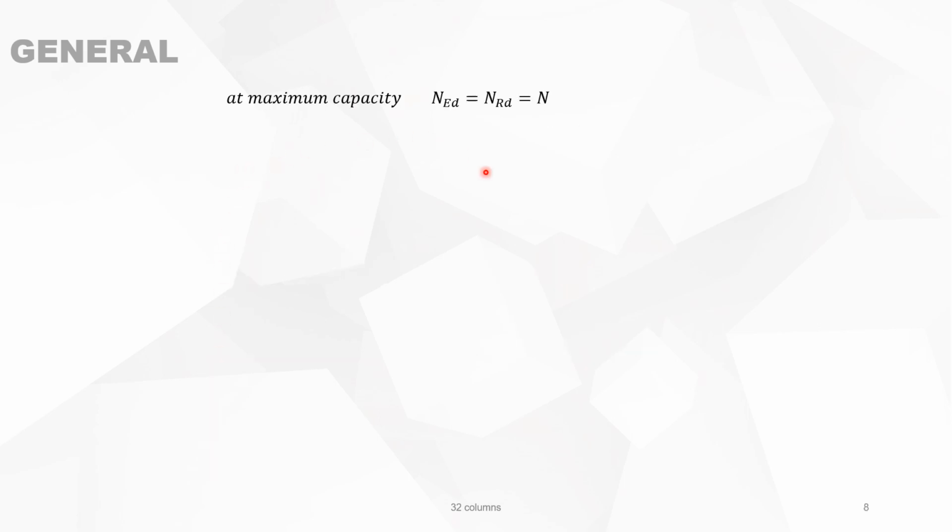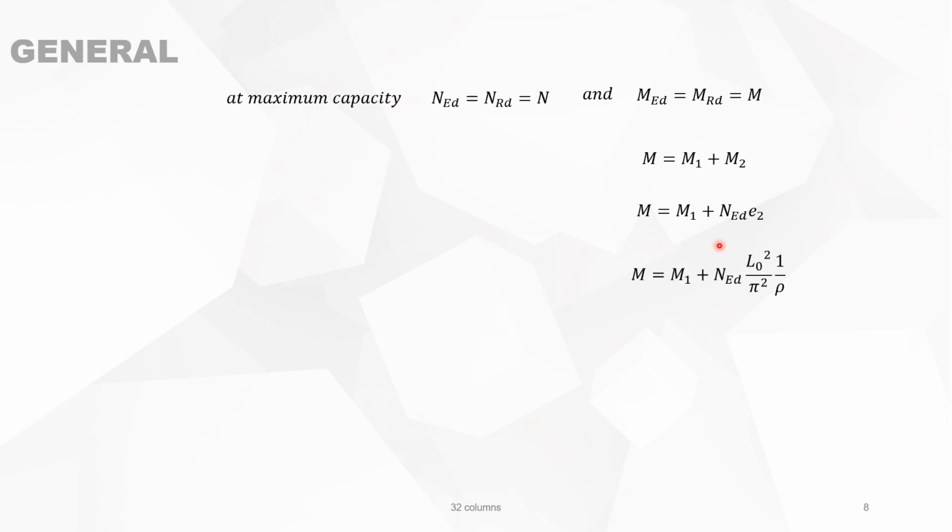At maximum capacity, then we know that the NED is equal to NRD, for R from resistance, is equal to N, and MED equals MRD is M. M is M1 plus M2, that we have seen already. We now know that the eccentricity of second order is given by this equation.